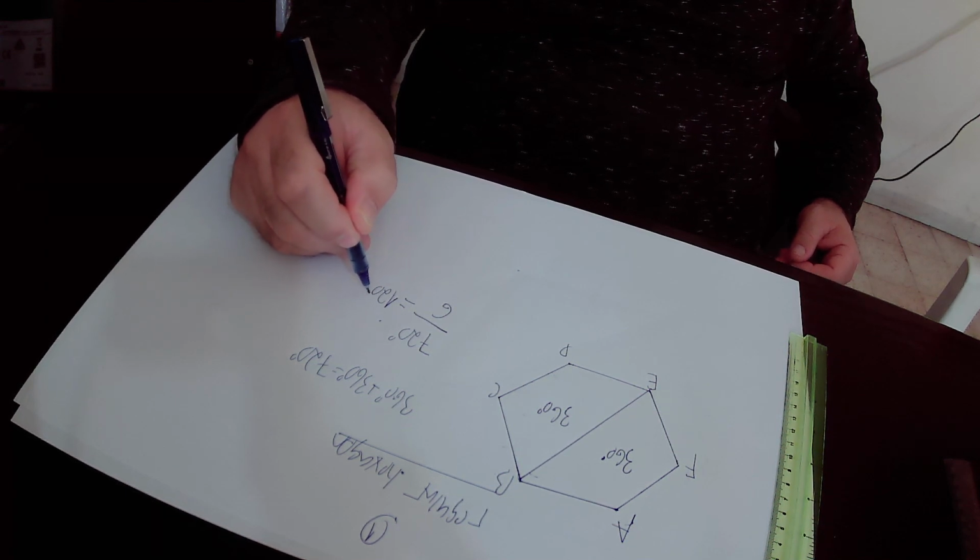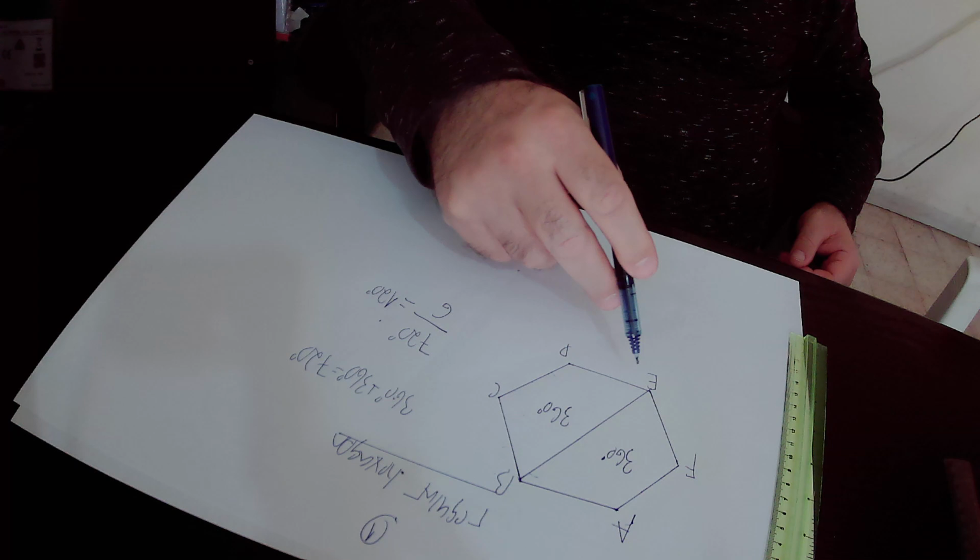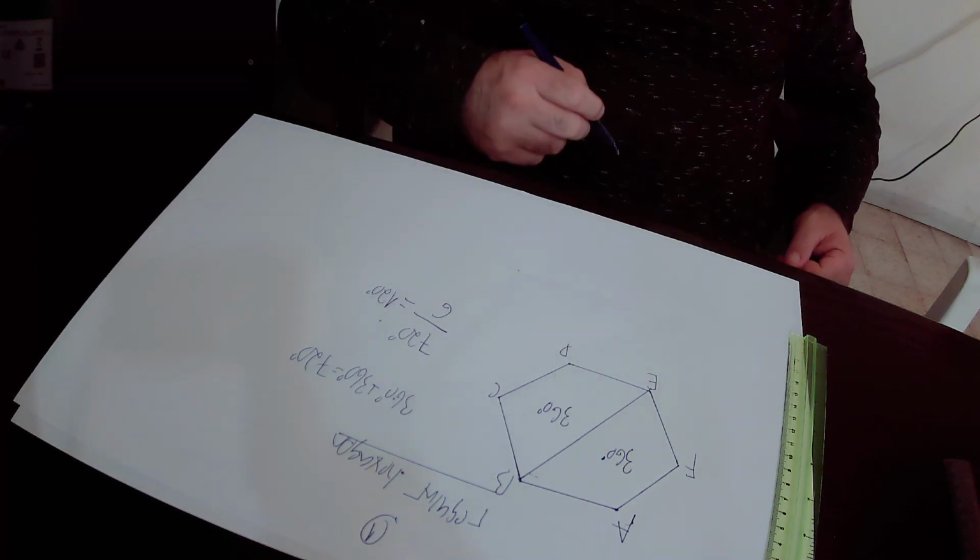So each interior angle of this regular hexagon equals 120 degrees.